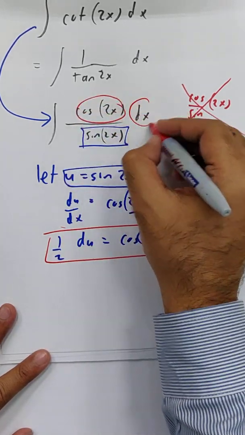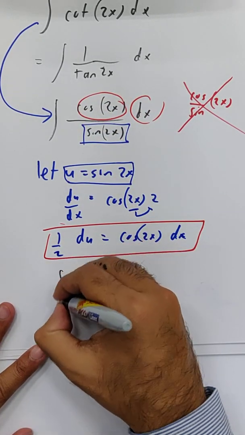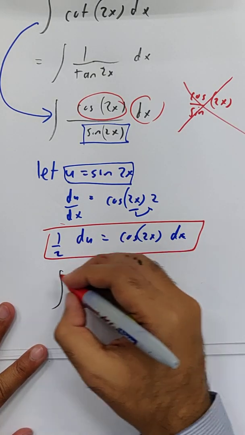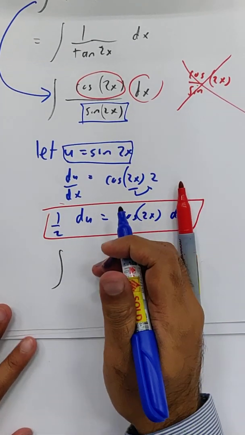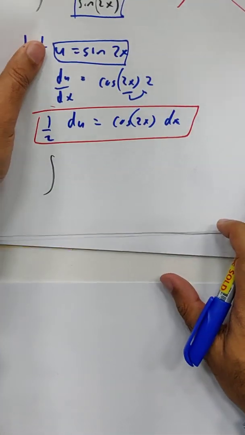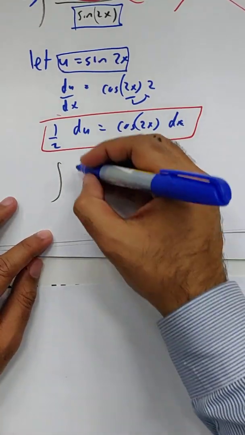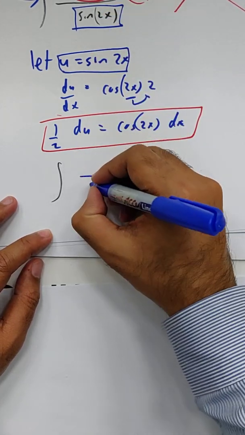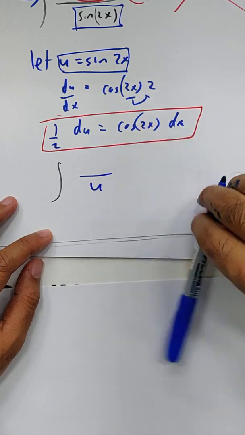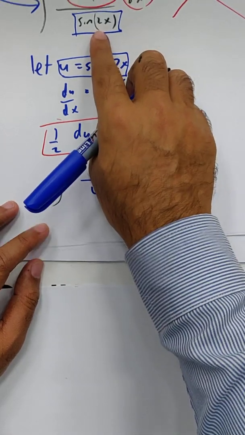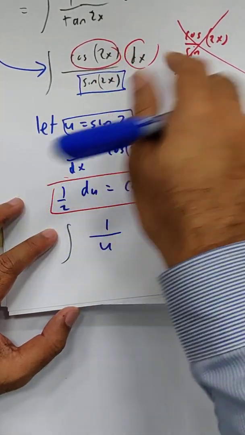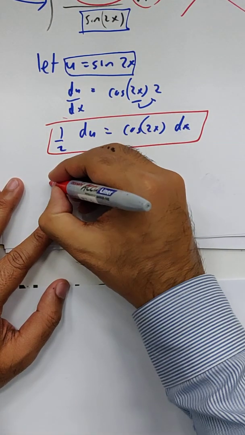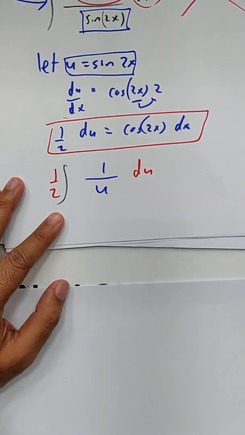Cos 2x dx, this one here, 1 over u. This one, the cos 2x dx, I got myself 1 over 2 du.